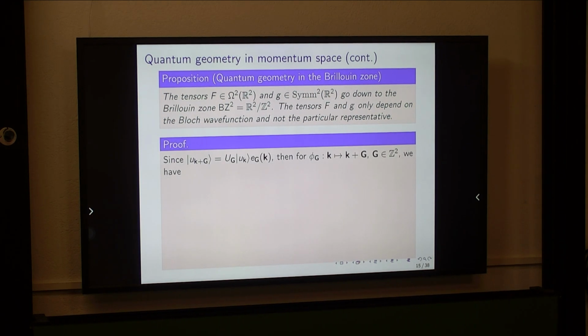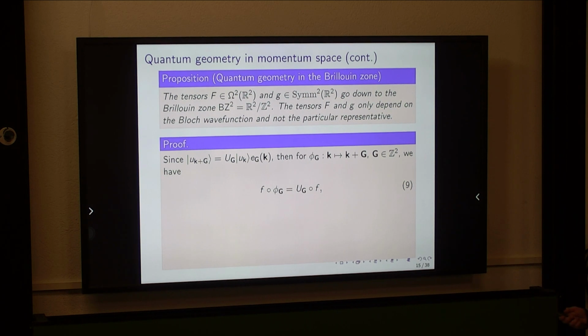So the proof is very simple. If you recall from my definition, consider the diffeomorphism which goes from k to k plus G, with G a reciprocal lattice vector.